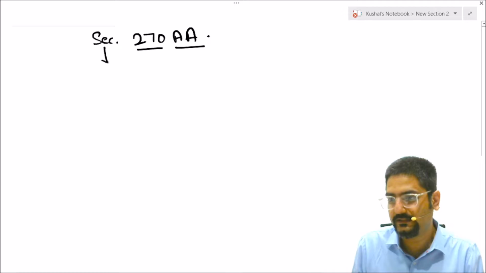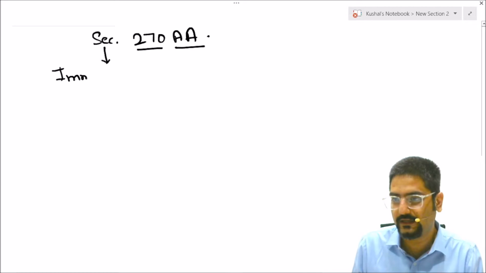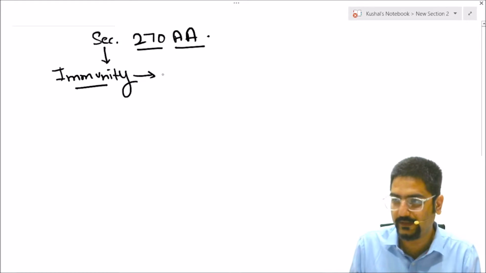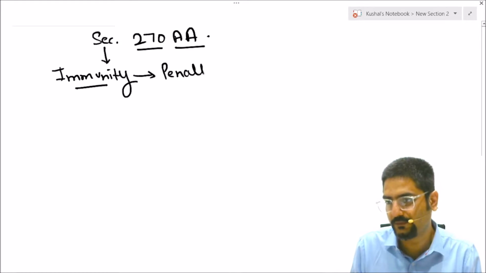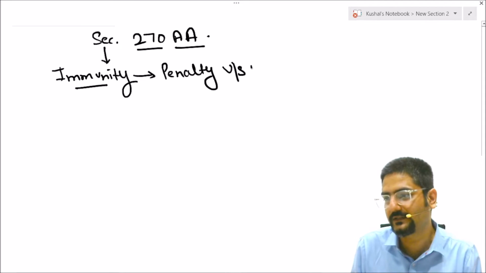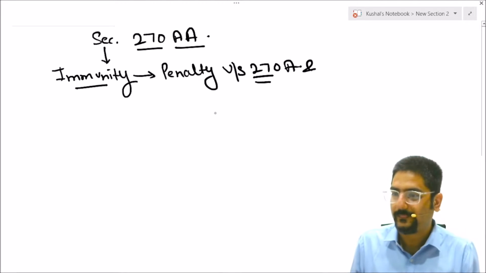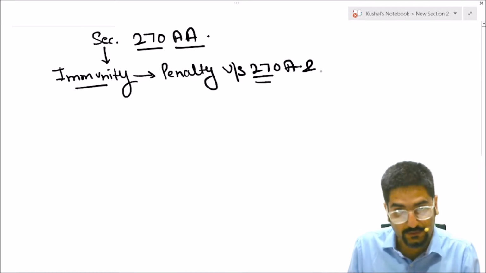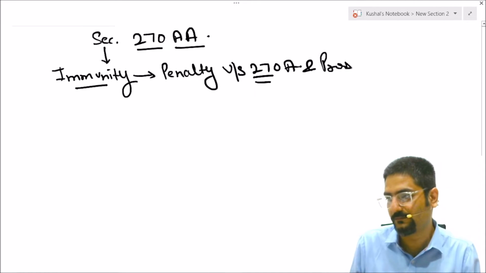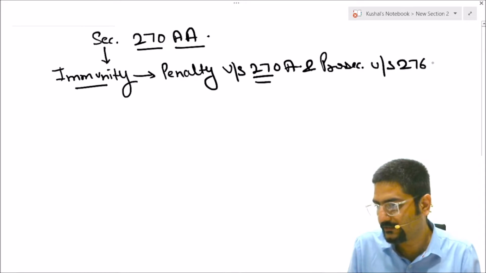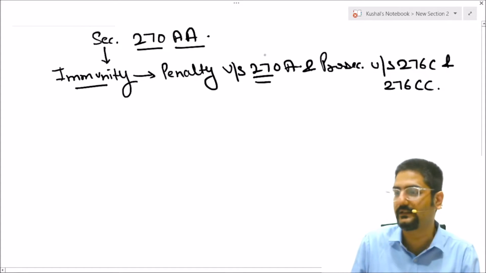What this section says is that immunity shall be granted from imposition of penalty under section 270A, and immunity from prosecution also, under sections 276C and 276CC of the Income Tax Act 1961.